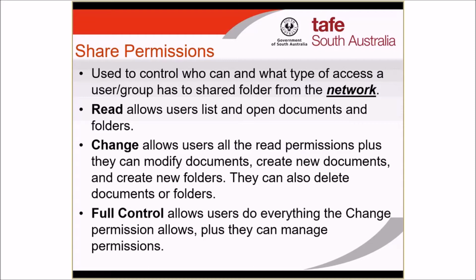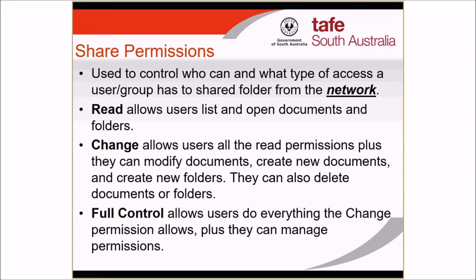When we make a resource available to the network, we are sharing it. But shared permissions determine or control who and what type of access a user or group has to that shared folder from the network. That's underlined and bold in the PowerPoint. The key thing is from the network. If my computer was sharing a resource, those shared permissions only affect the people coming across the network and accessing that resource.